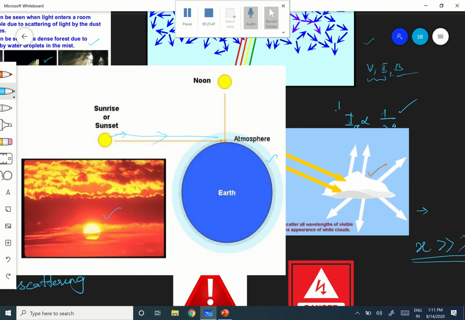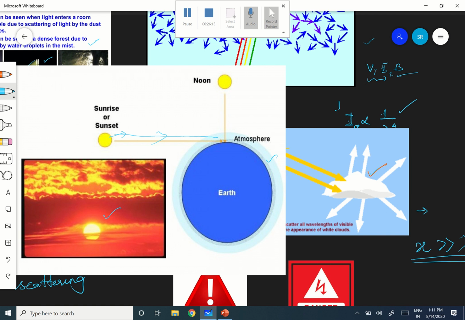Are you following? Because the sun at the time of sunrise and sunset is near the horizon, the light has to travel a very large distance to reach our eye. So a large part of the atmosphere it has to travel.